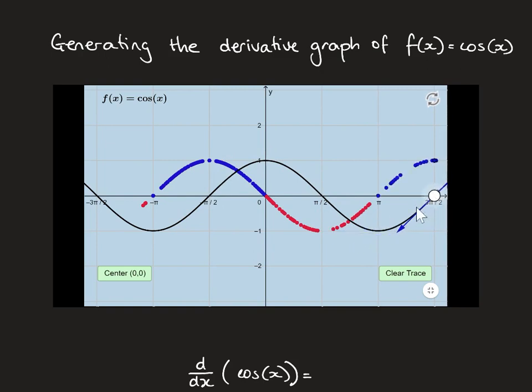And what you can see is that we are getting, if I just fill in the dots, an upside down and inverted sine curve. So if I drew the sine graph on here, it would go up and come down. And so what we've got is a reflection of a sine graph. And so for our cos graph, what we've got is that the derivative of cos is a reflected sine curve.